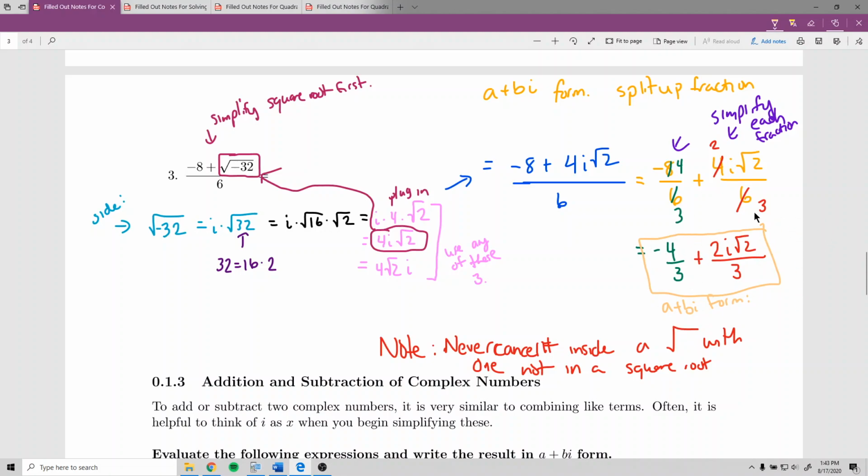Right, but simplifying this, think about what we did. Take the square root, simplify it, split up the fraction, and then simplify each fraction. That's it. When we go into the next section with the quadratic formula, our answers are often going to look like this, and we need to simplify them. So you've got to be able to do this step.